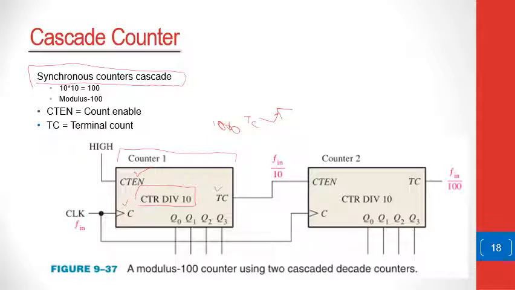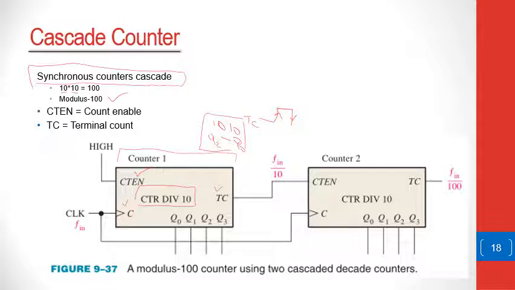When your Q3 to Q0 becomes 10, at that transition the TC goes high, for that particular period only, and then it will go back again. So the way this will work, first of all, is that because you're cascading two of these counters, the resulting modulus will be 10 by 10, which is a modulus 100 counter.